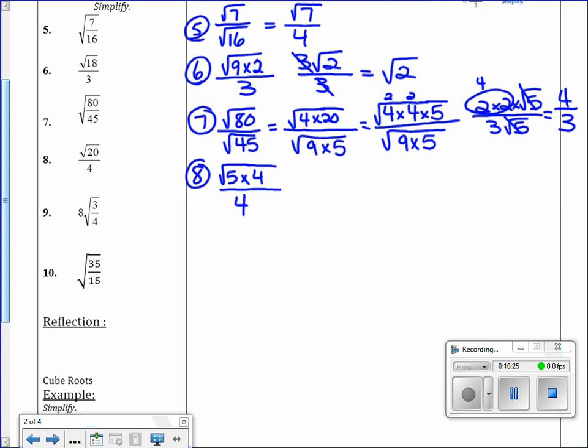So I end up with 2 times the square root of 5 all over 4. I went ahead and took the square root of 4 and said that was 2. That's how I have 2 times the square root of 5. 5 can't be changed, there are no perfect squares in 5. All over 4, I can reduce it now. 2 goes into 2 one time, 2 goes into 4 2 times. So I end up with the square root of 5 all over 2.